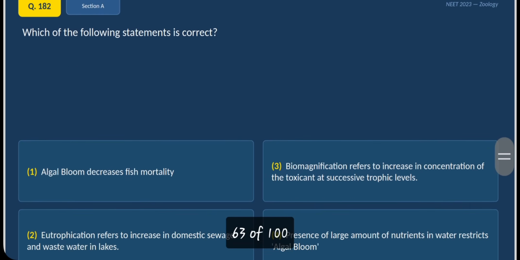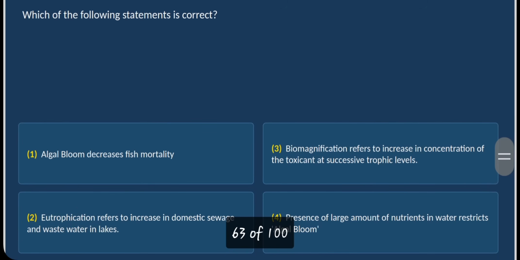Which of the following statements is correct? Algal bloom decreases fish mortality. That is wrong. It actually increases fish mortality, that is death rate. Biomagnification refers to increase in concentration of the toxicant at successive trophic levels.